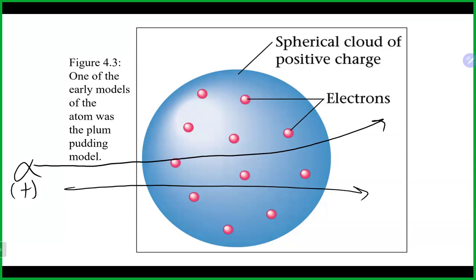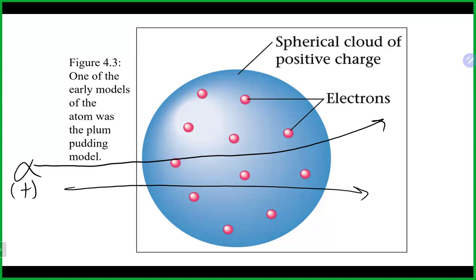So if you thought about, for example, my paper here is the atom, and all the positive charge is spread out over this entire piece of paper. And for example, I held one side, somebody else held the other side super tight, right? And we shot a pen or something at it really fast. It probably would be able to punch through it, and as it would pop out the other side, there would be a little bit of deflection. And that's essentially what they really thought was going to happen when they did this experiment.